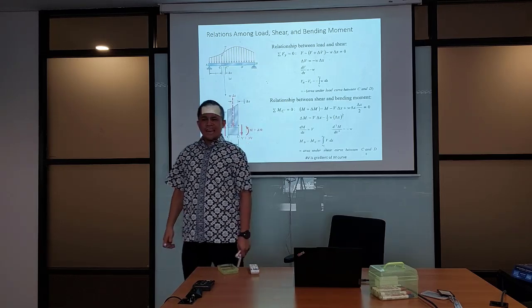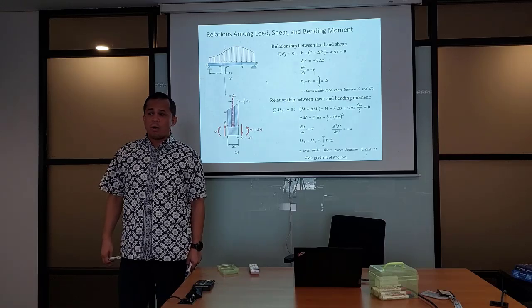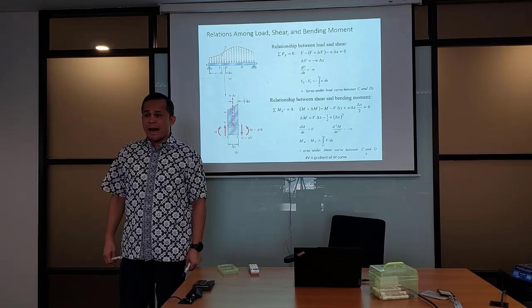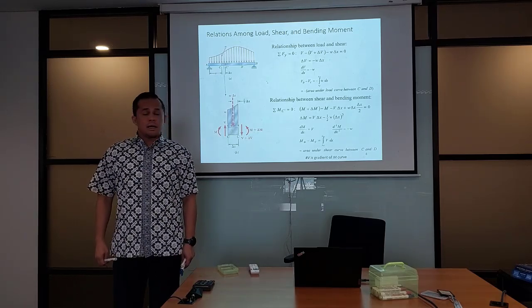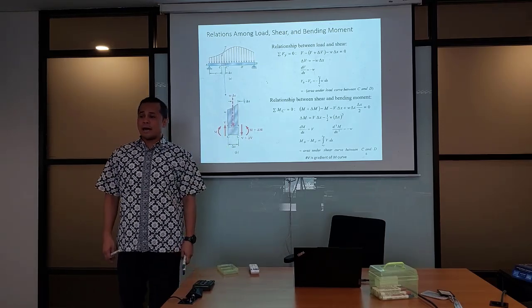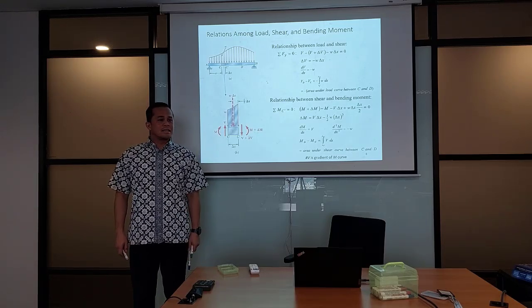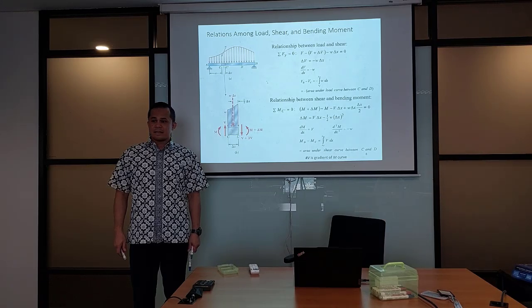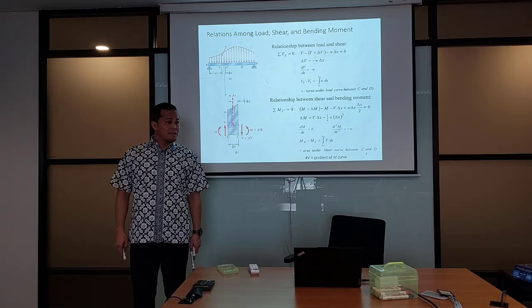Listen to me, if V is replaced by the y-axis and x is the x-axis, then delta V equal to minus W delta x is a linear equation with W as the gradient. It is just the same as when you extract the elastic modulus from your stress strain curve, delta sigma over delta epsilon, right?